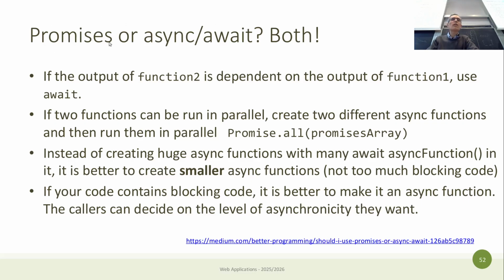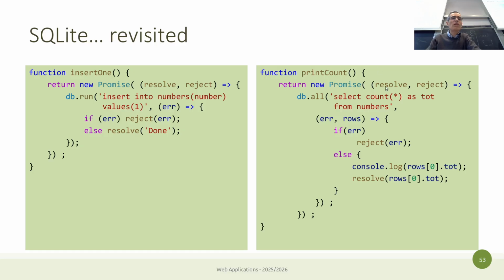Okay, so these are the recommendations that we give for using promises or async await. So don't be afraid of using await, it's fine, and don't be afraid of using promises. Every condition has its own best way to be coded in terms of promises or async await.